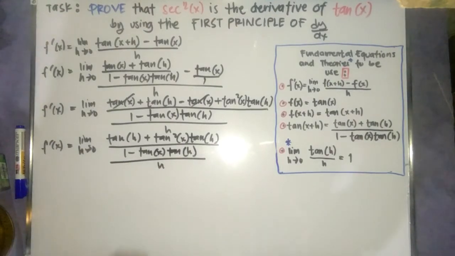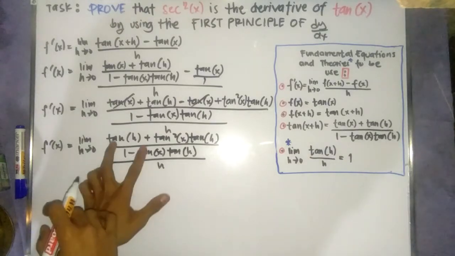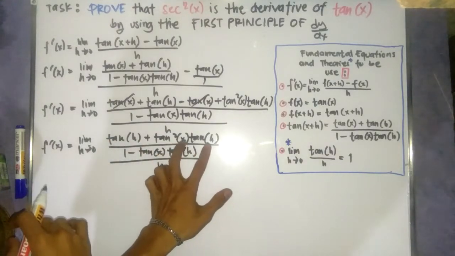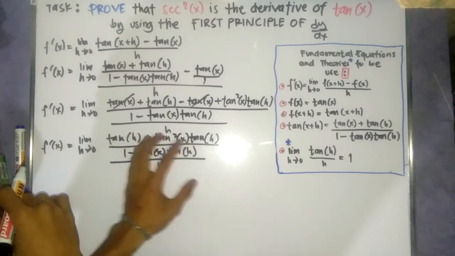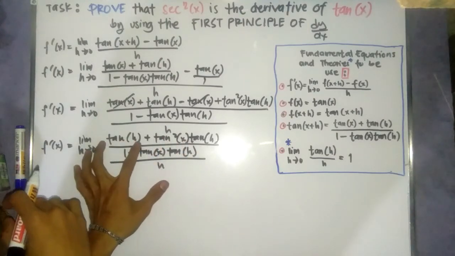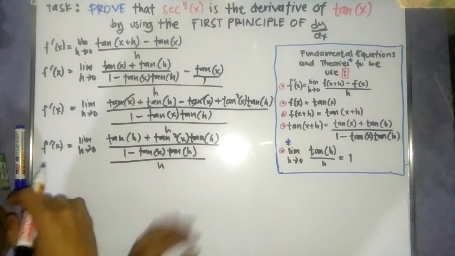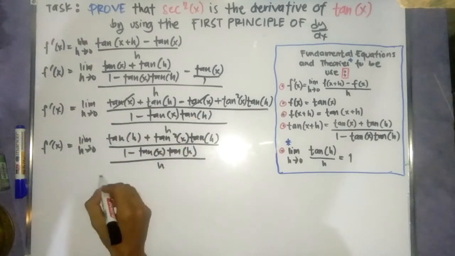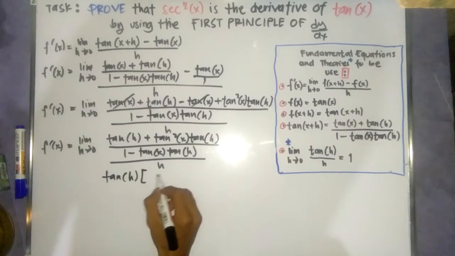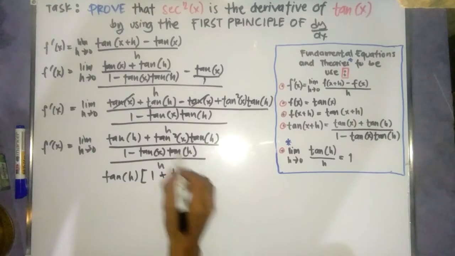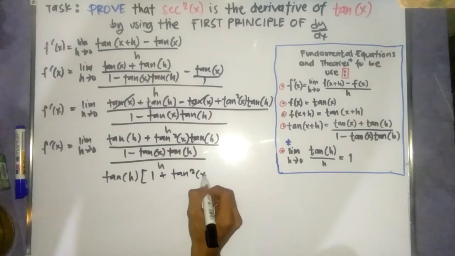Ngayon, anong sunod natin gagawin? Si tangent h, kung mapapansin nyo sa numerator, is factorable. So, ilalabas natin to, then kukunin natin yung factor niya. So, tangent h multiply to quantity 1 plus tangent squared x.